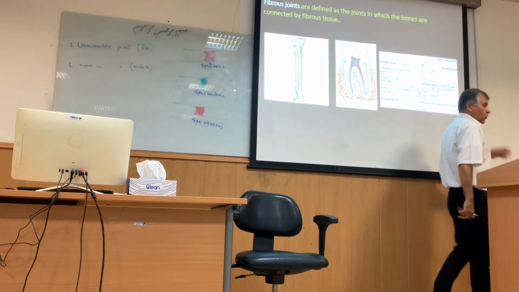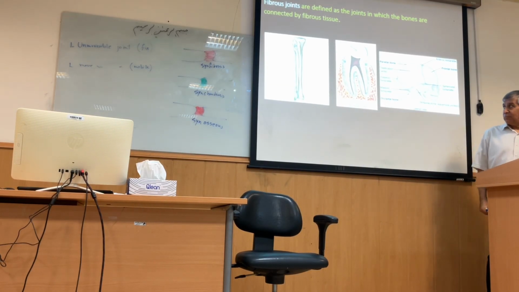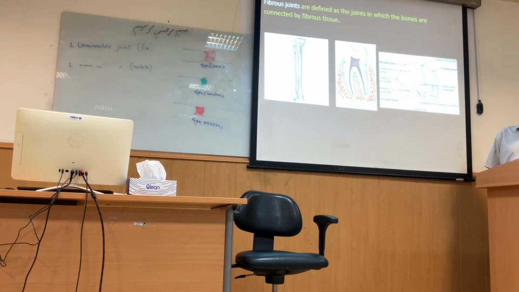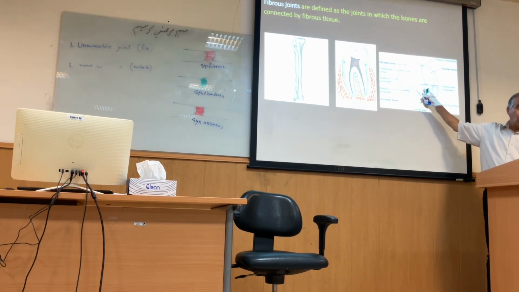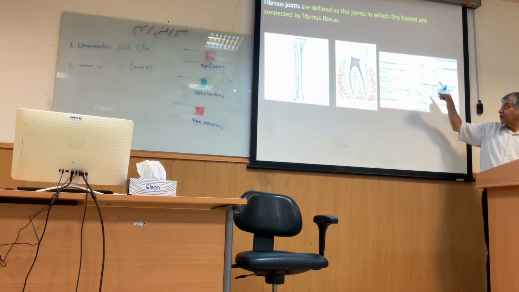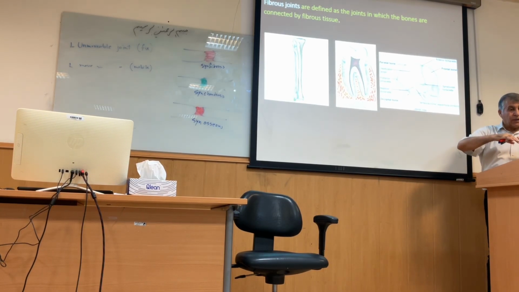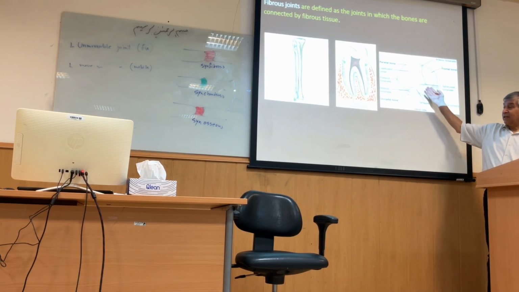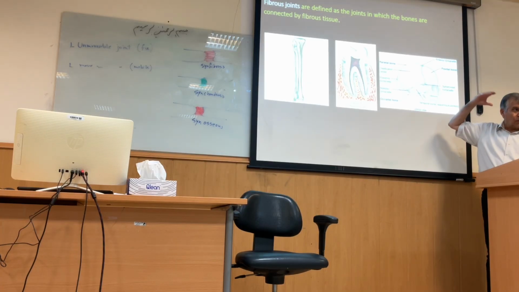The most important seam fibrosis joint is the joint between cranial bones. For enlargement of the brain, the skull is articulated by fibers.